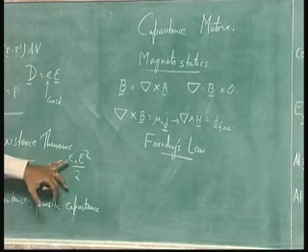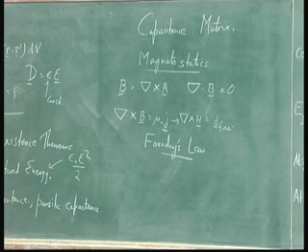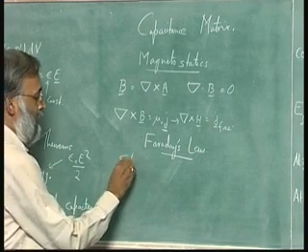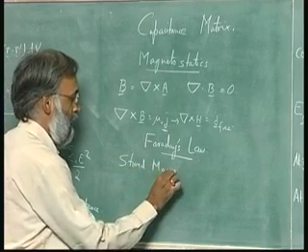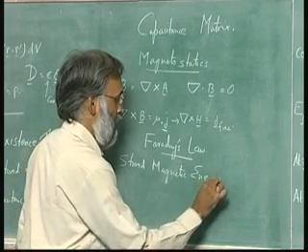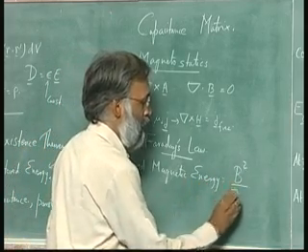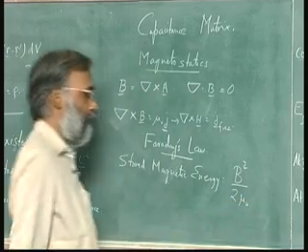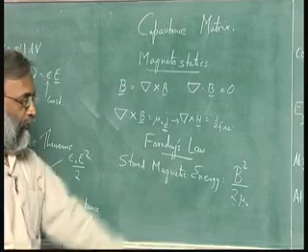And if it's a material, this epsilon naught is replaced by epsilon. So we got stored magnetic energy, which was B squared over 2 mu naught. As usual, if there is a material, it is B squared over 2 mu.